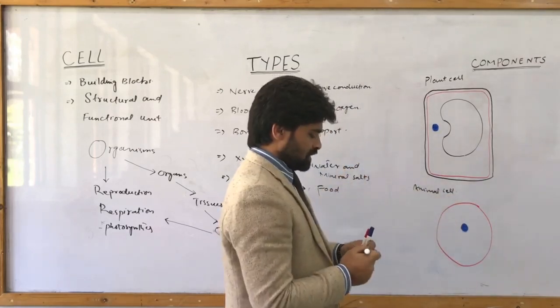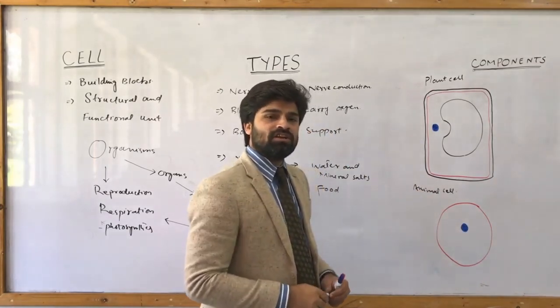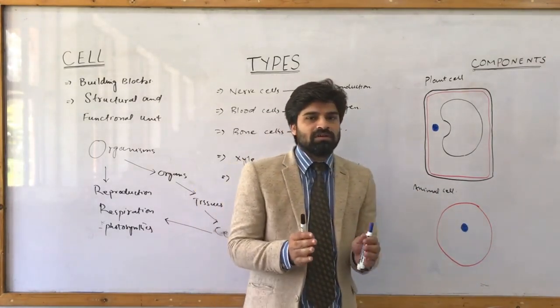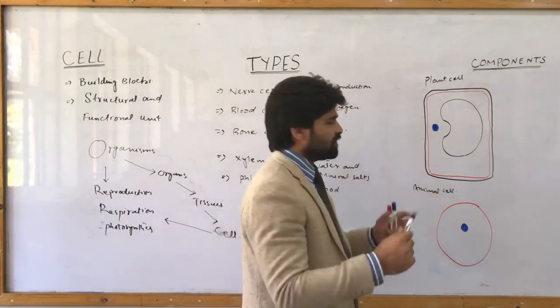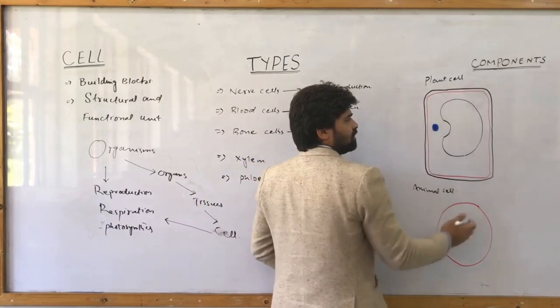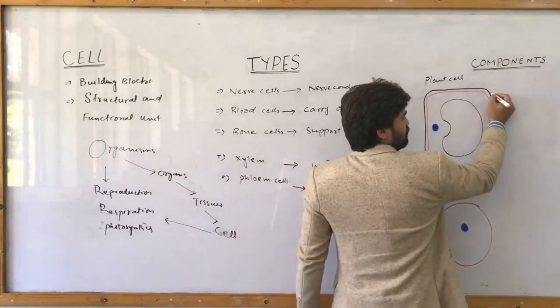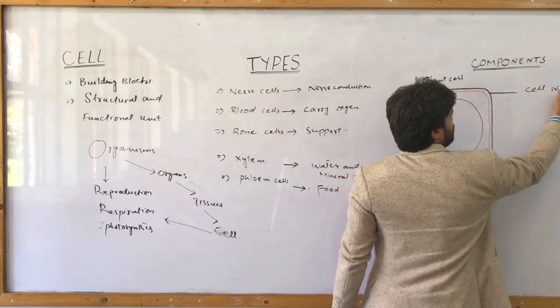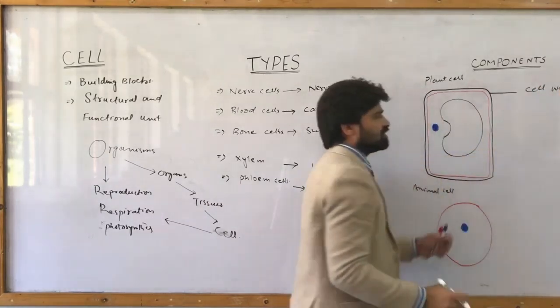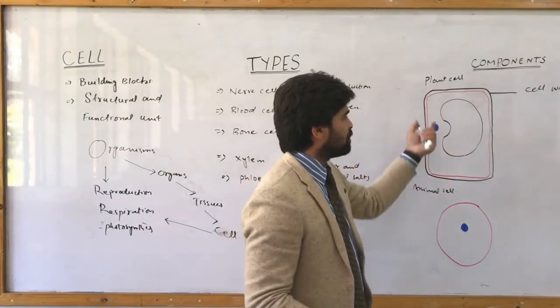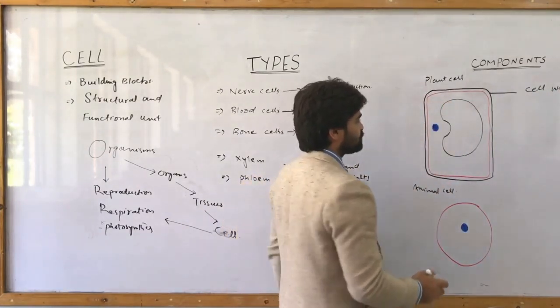So the cells contain different components. A cell is basically formed by the combination of different components. In the plant cell, there is a black outer covering that is called the cell wall. That is the outermost part of the plant cell. That is one of the components of the plant cell.